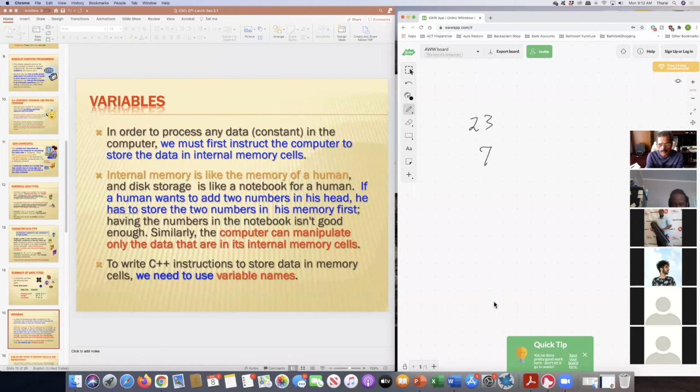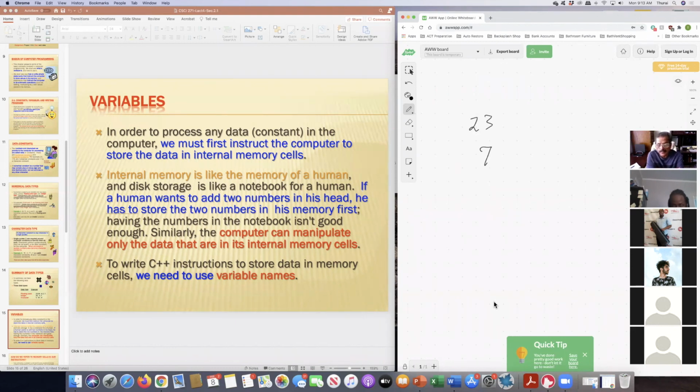The third step is tell me what is in the third memory cell, right? Isn't that the process? That's exactly how the computer program would be written to add these numbers using a computer.